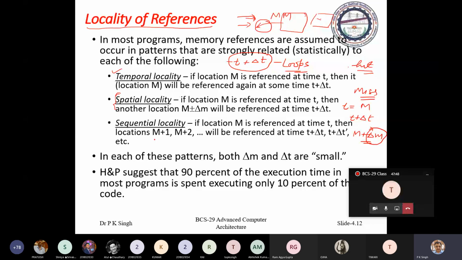Sequential locality means the next reference generated by the processor will be the next reference in the memory. That is sequential locality.